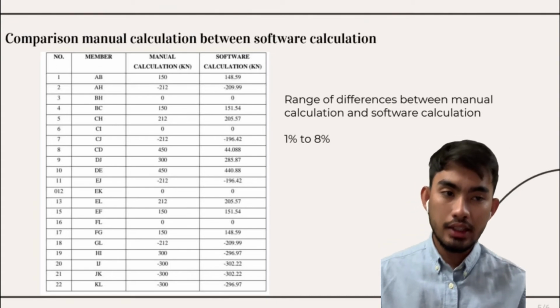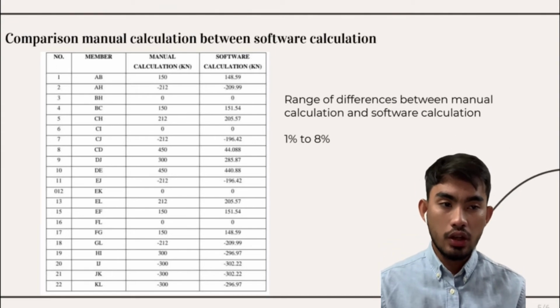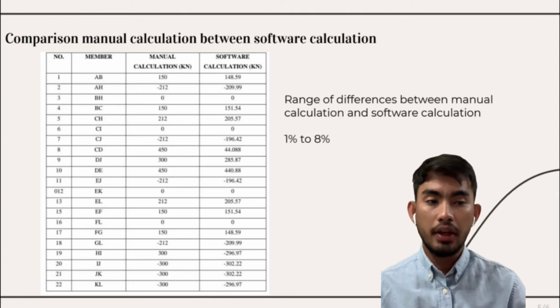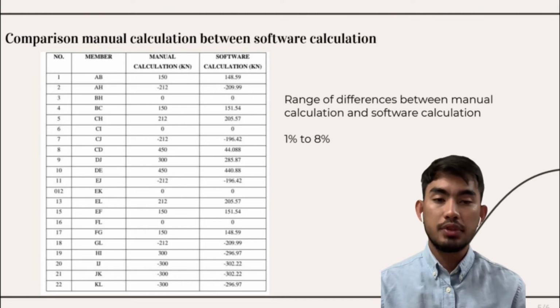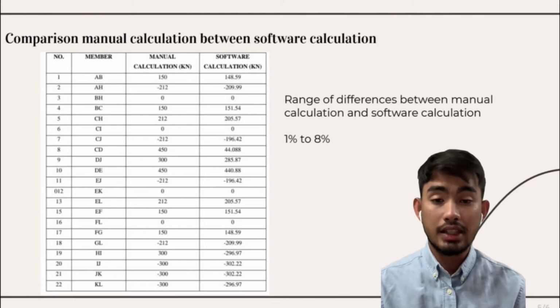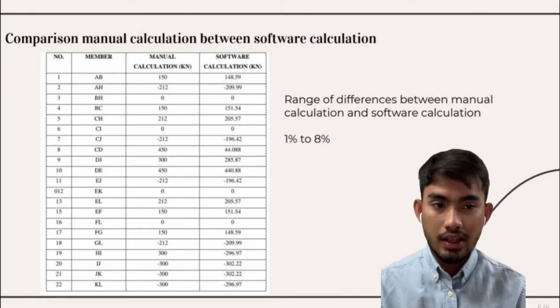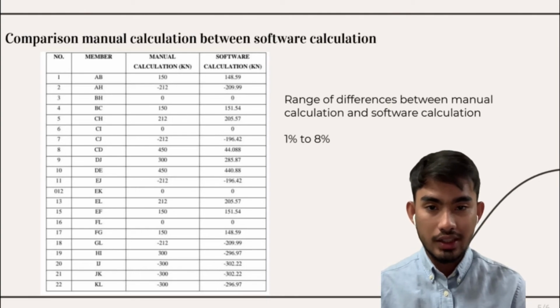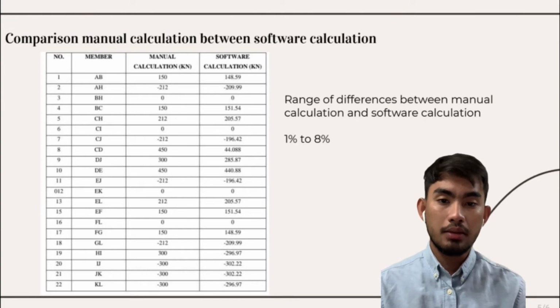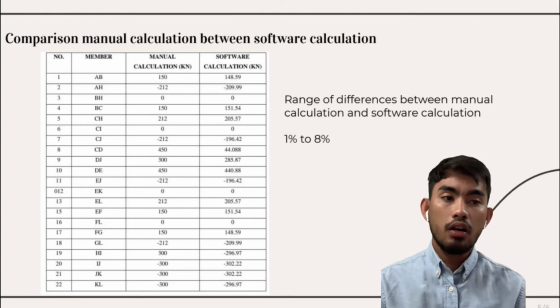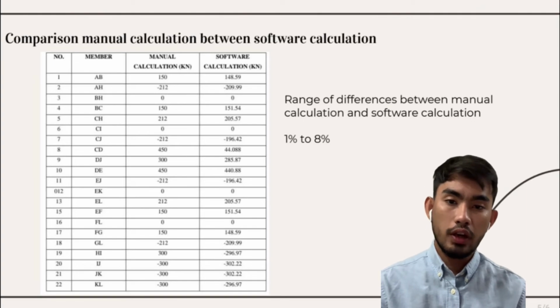What we can see here, the range of differences between the manual calculation and software calculation is from 1% to 8%, which is below 10%. That means that our manual calculation is still acceptable because it is not more than 10% different from the software calculation.